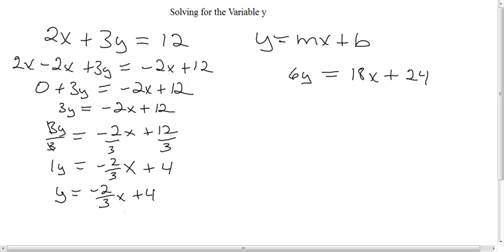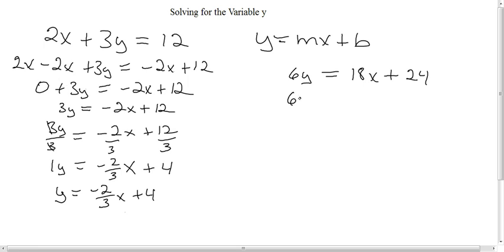Okay, so we look at this equation. Y is on the left side by itself, but it is being multiplied by 6. When we say isolate, isolate means y and y alone. Since it is being multiplied by 6, let's divide both sides by 6.